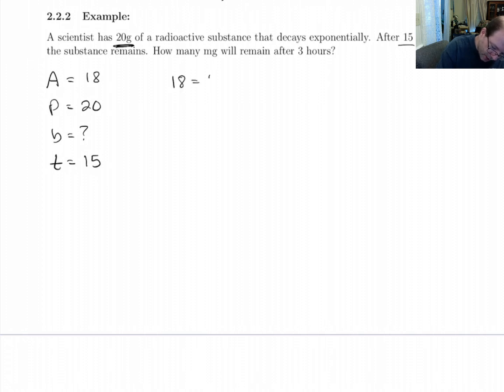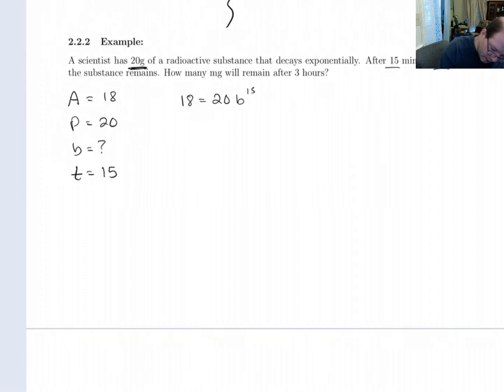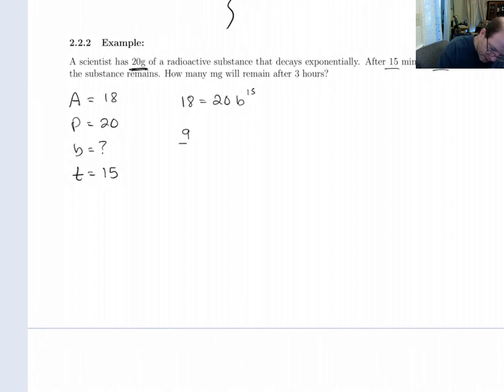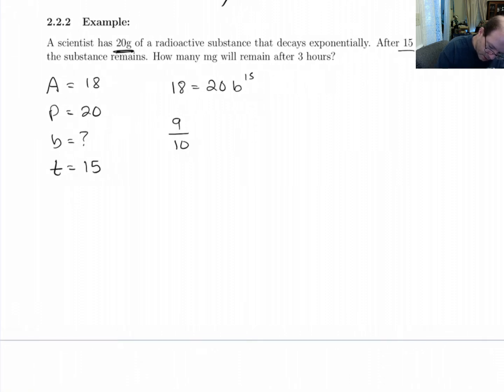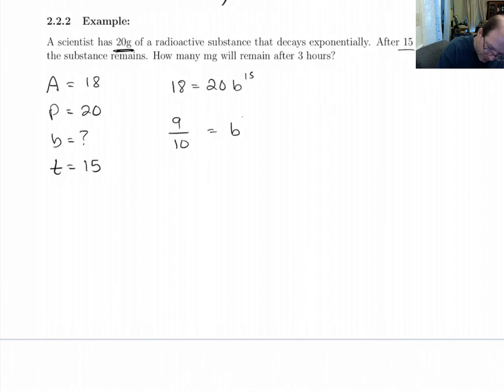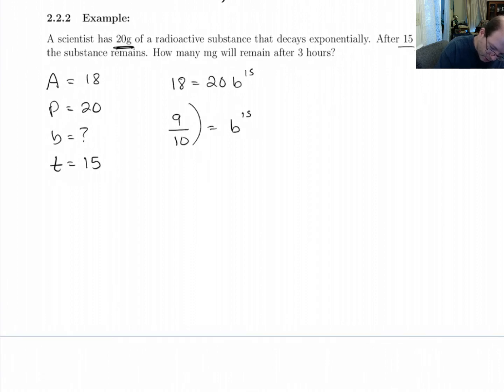18 equals 20 B to the 15th. So divide both sides by 20. I get 18 over 20, which is 9 over 10, equals B to the 15. Raise both of these to the 1 over 15.